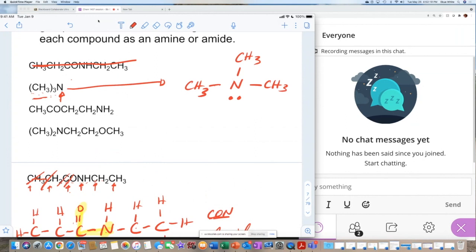We see the same type of bond over and over again: nitrogen attached to carbon. Even though we have 3 NC bonds, this is still considered an amine because there's no carbonyl. There's no oxygen here, and no carbon attached to an oxygen via a double bond.